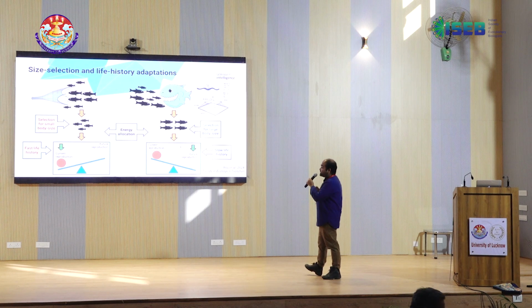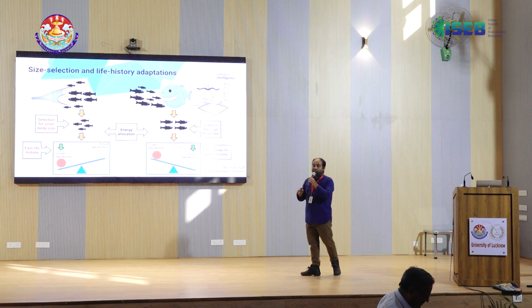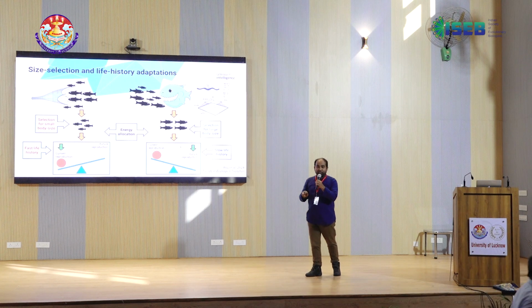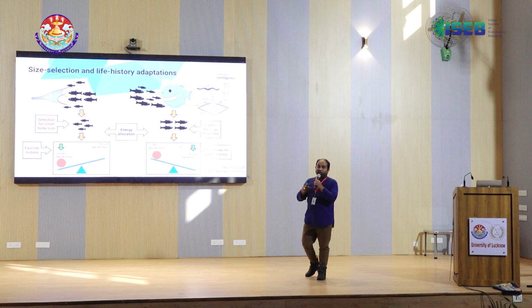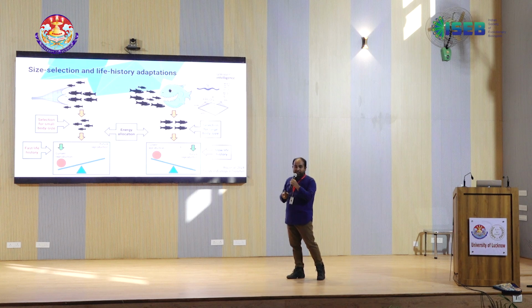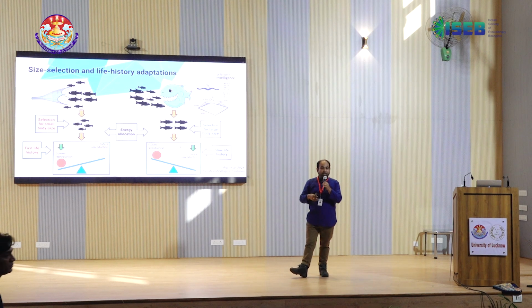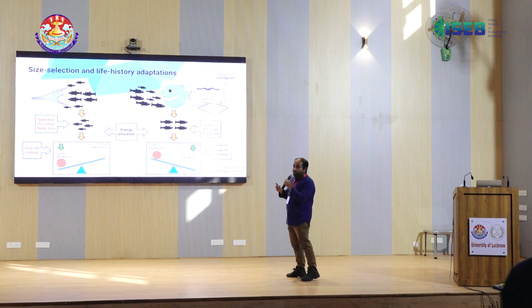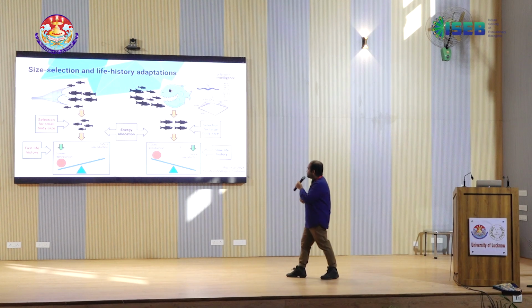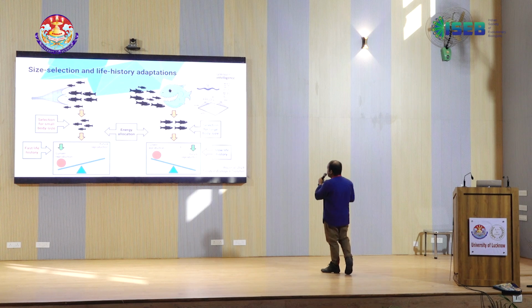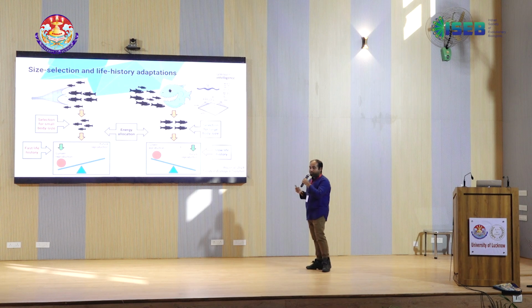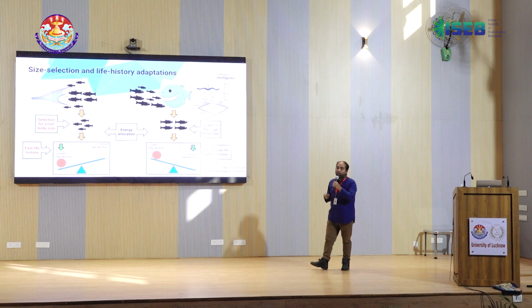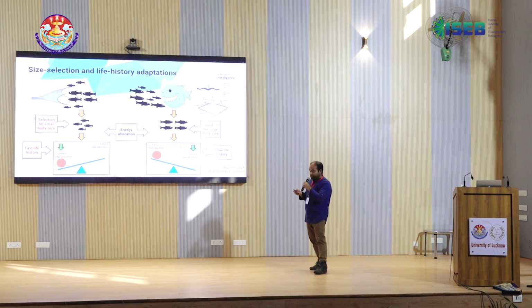For example, when there is a selection for small body size, this would lead to the evolution of a fast life history, which is characterized by early maturation at small body sizes, increased reproductive investment, and reduced terminal body length, which means that current reproduction is prioritized over future reproduction. In case of a selection for large body size, it would lead to an evolution of slow life history, where future reproduction is prioritized over current reproduction.